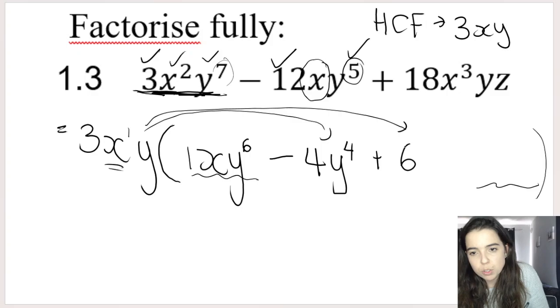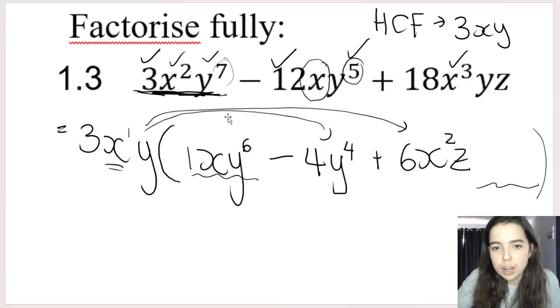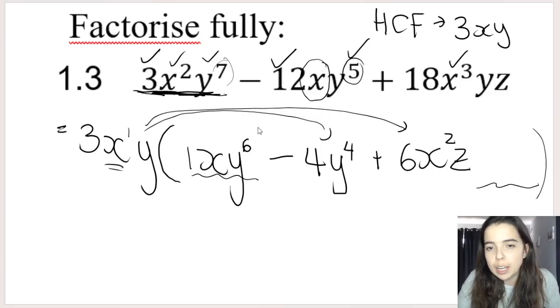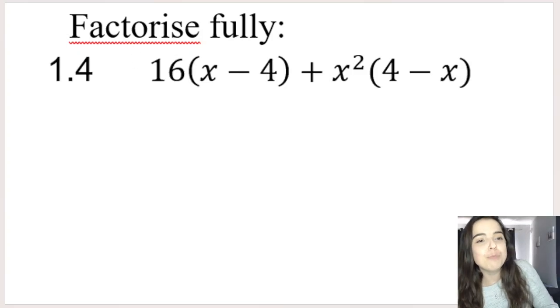Then x multiplied by x squared will get me x to the power of 3. Y is already there. And then I would have to multiply this by z. Always distribute to check your answer. So what I mean is, if you multiply 3xy back into the brackets, do I get what I started with? Yes, I do.